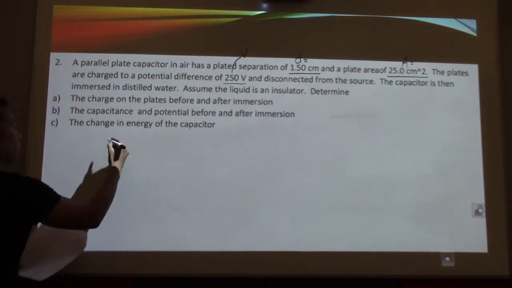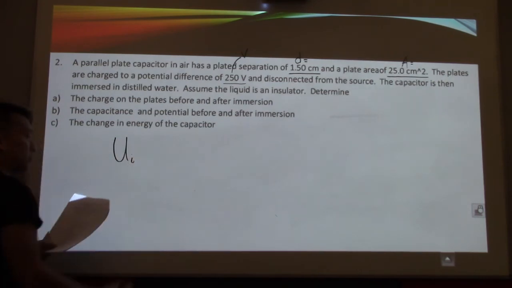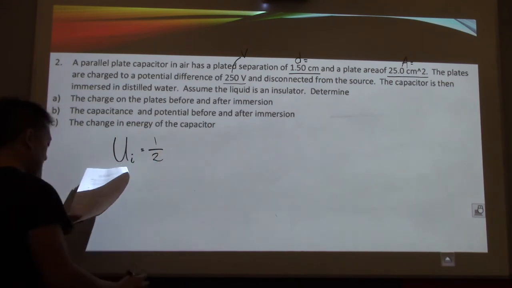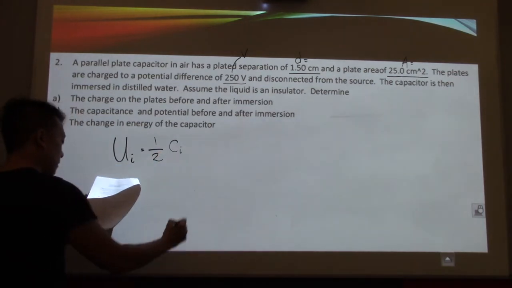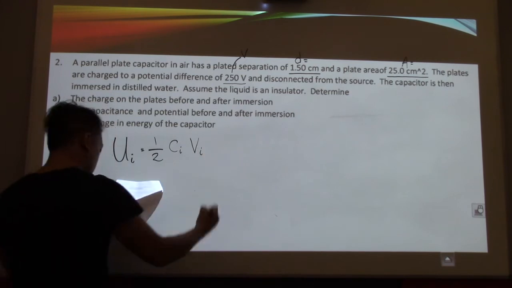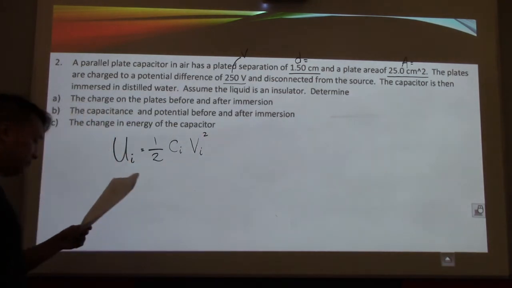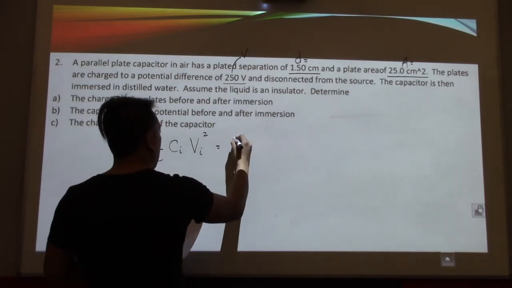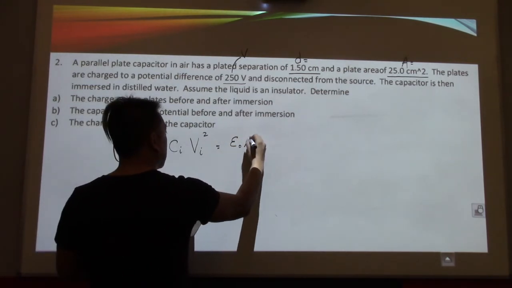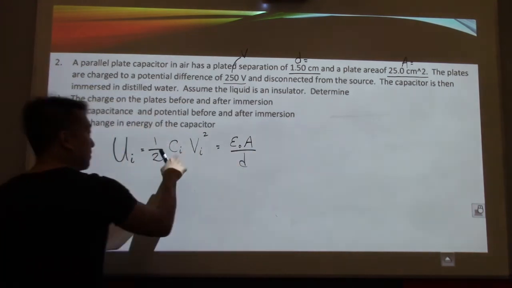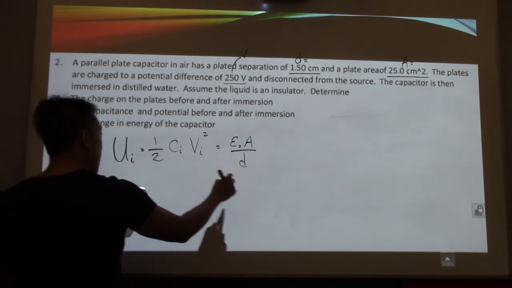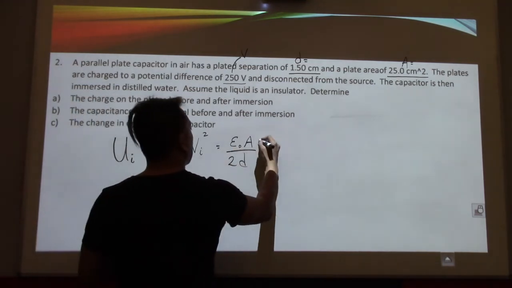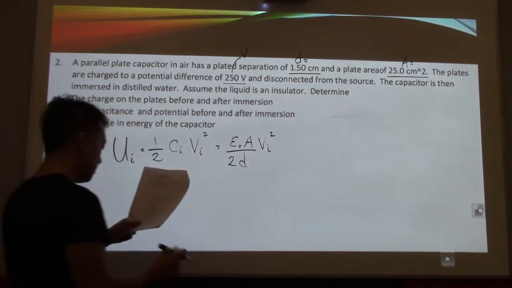So, before, we use U initial equals 1/2 C initial V initial squared, which we can set equal to epsilon naught A over D, that's my capacitance, over 2, and V initial squared.